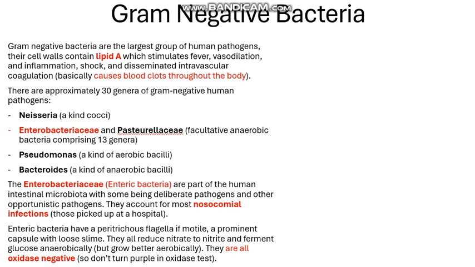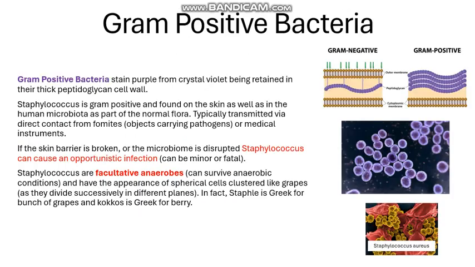Okay, so up until now we've been talking about gram-positive bacteria with the staphylococci and the streptococci. Gram-positive bacteria have a thick peptidoglycan cell wall, which retains crystal violet during gram staining, giving it the purple colour.